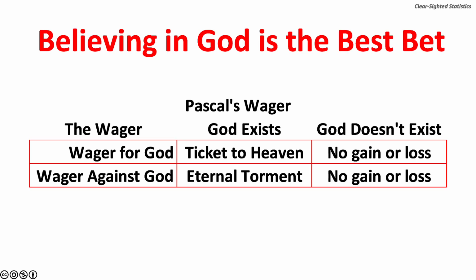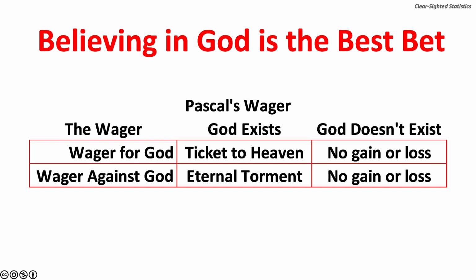Pascal's wager states that believing in God and living a pious life is a smart bet. Here is the 2x2 matrix Pascal sets up. There are 2 wagers. 1, the wager for the existence of God, and 2, the wager against the existence of God. There are 2 possible outcomes to this bet. 1, God exists, and 2, God does not exist.